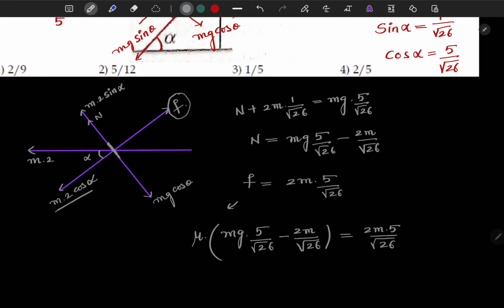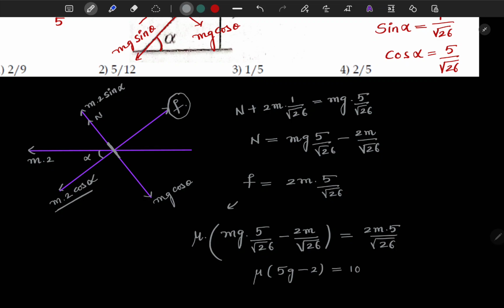You can cancel m and also root 26, then you are left with 5g minus 2 is equal to 5 times 10.